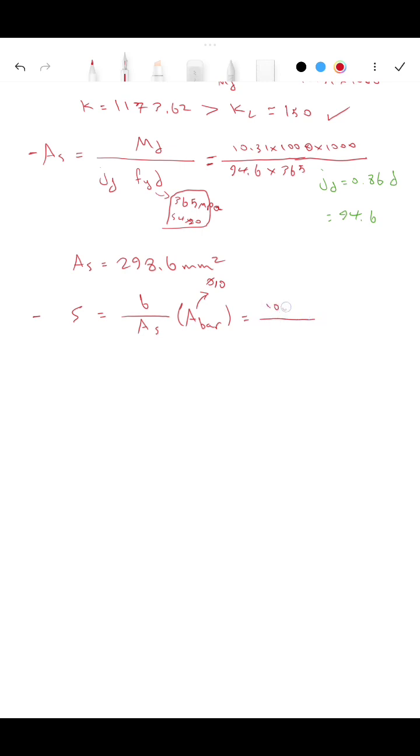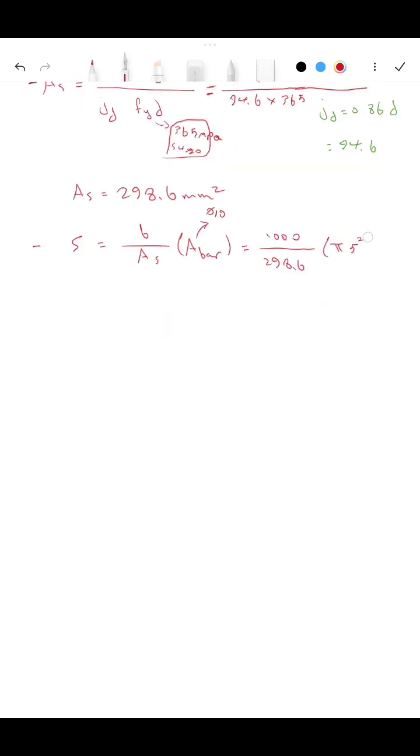So B is 1000, or BW, and area of steel was 298.6, and the phi is 10, so pi times 5 square. The space will equal 1000 divided by 298.6 times pi times 5 square, and it equals 263 millimeter, almost.